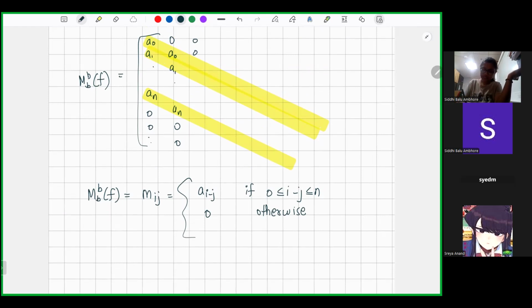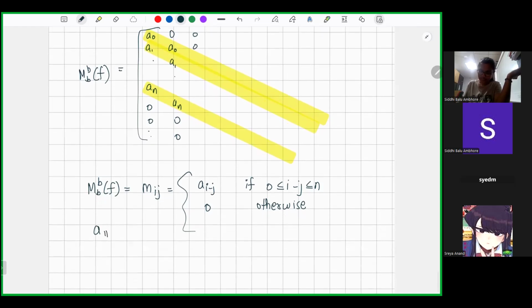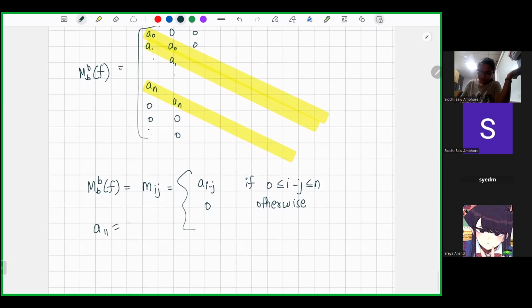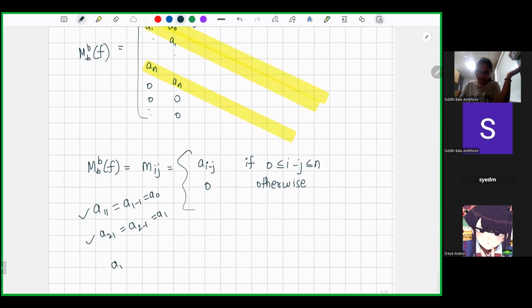So A11 entry is A1 minus 1, that is A0, that is true. Second, A21 entry is A2 minus 1, that is A1, and that's true, right? And we have to go till AN. So AN1 is AN minus 1, that is okay.